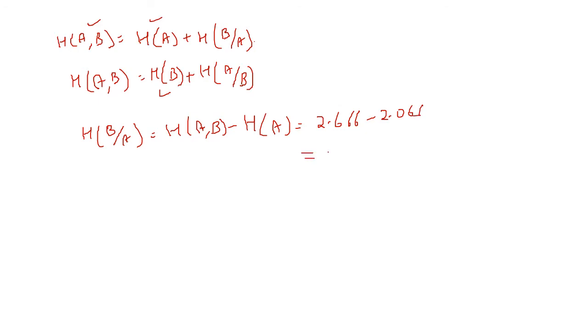Finally, you get H of B by A as 0.6 bits per message symbol.